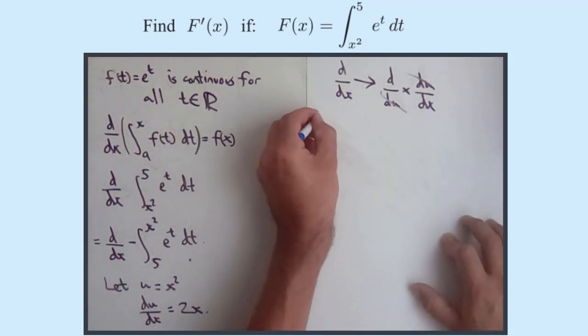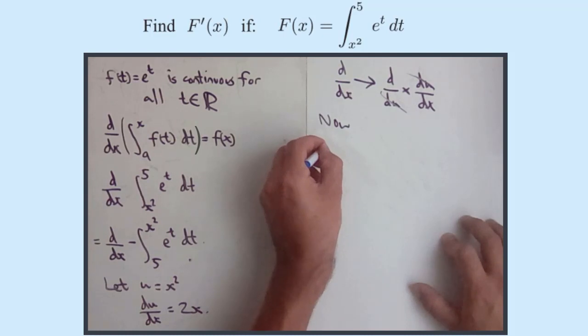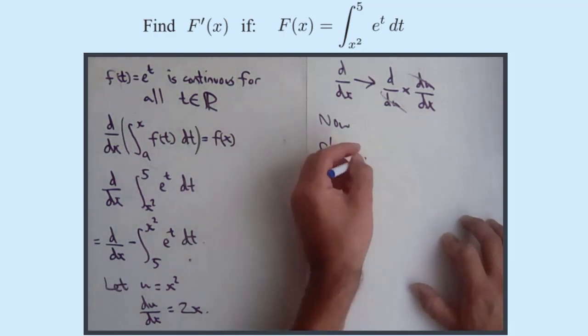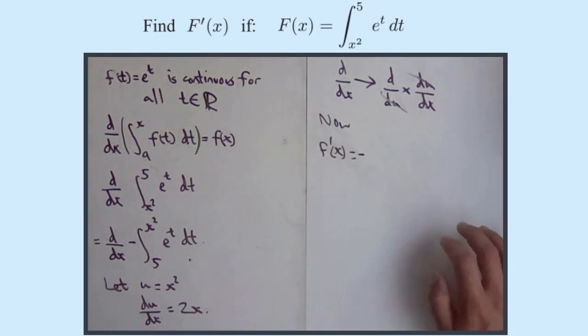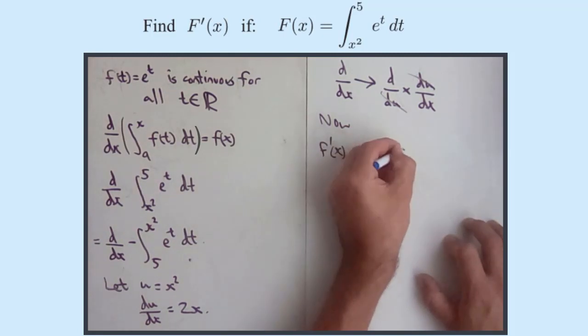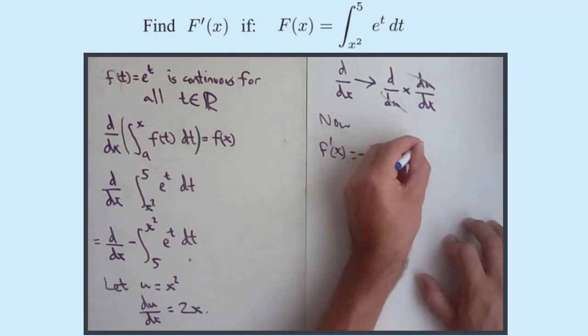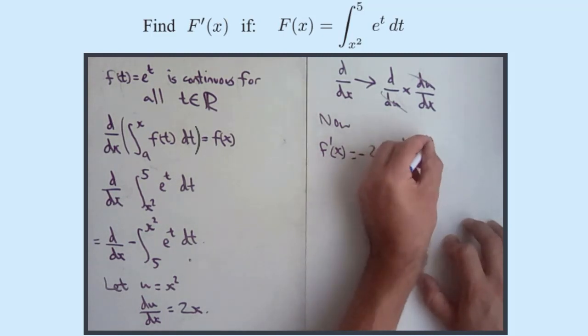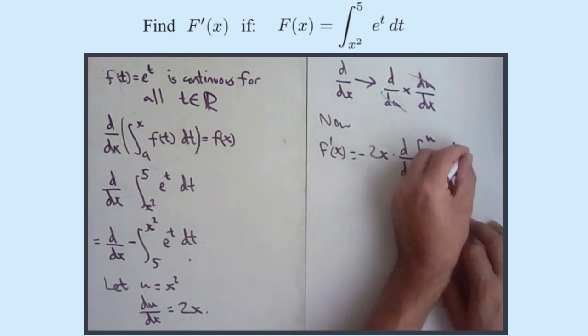So now f dashed x equals, we've got this minus sign that we need to keep. I'm going to pull the minus sign out first, and then I'm going to write my d over dx. So it is minus, and I'm just going to switch these around, so du by dx, which is 2x, times the derivative with respect to u of this integral between 5 and x squared, we just said x squared was u, of e to the t dt.